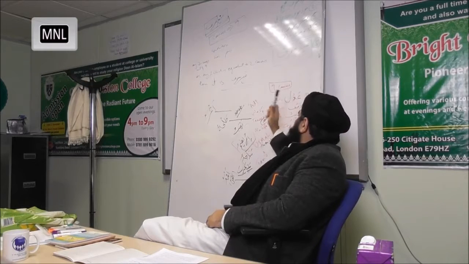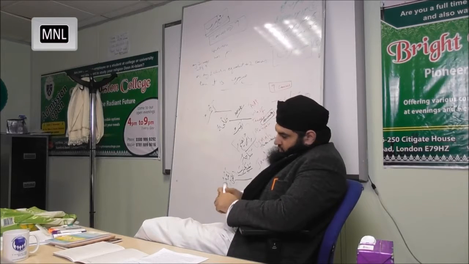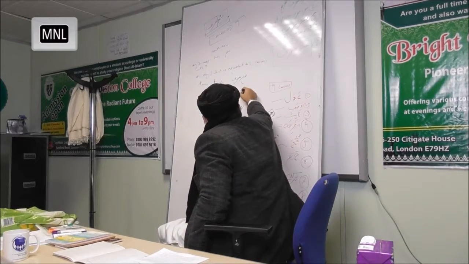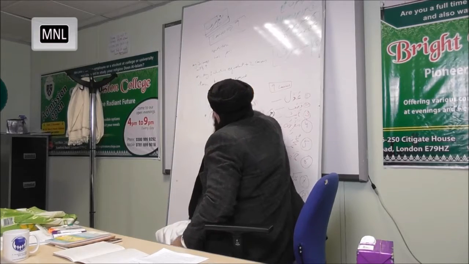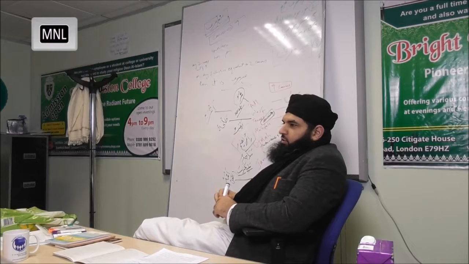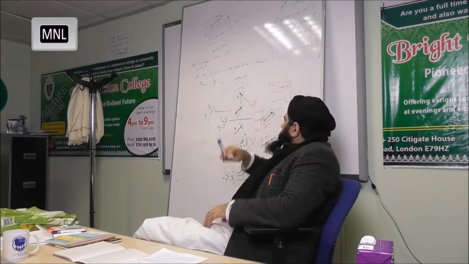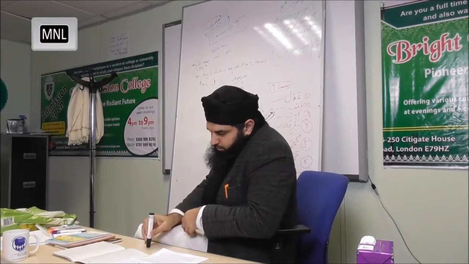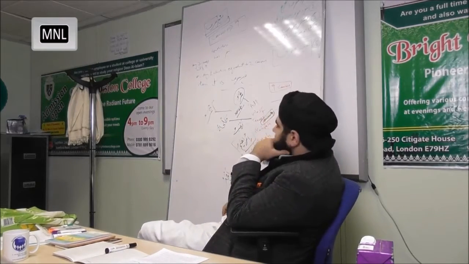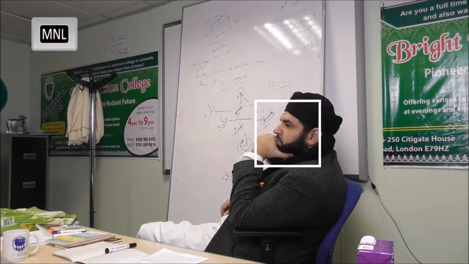Adl, the first one. For example, Umaru, the name of Umar. You know, the second caliph, Sayyidina Umar Farooq radiyallahu ta'ala. His name, Umaru. This is Adl. What does Adl mean?